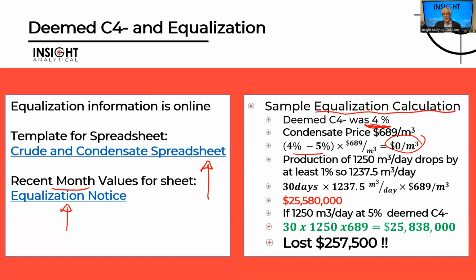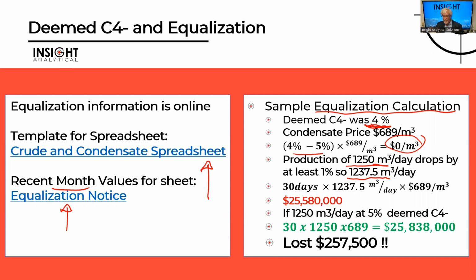I get $689 now for my cubic meters. My plant's capable of producing 1,250 cubic meters a day if I'm at 5%. But if I ran 1% lower butane, I had 1% less production. So that would mean my production in that month would have averaged around 1,237.5 cubic meters a day.